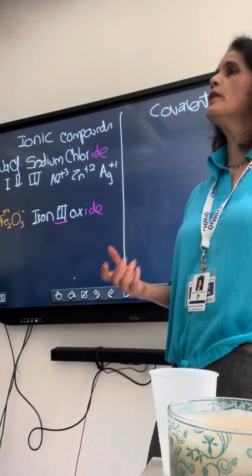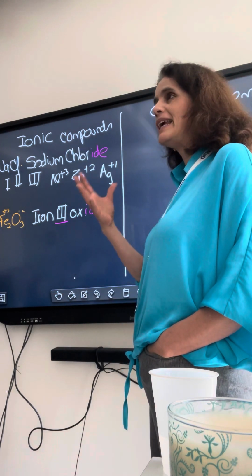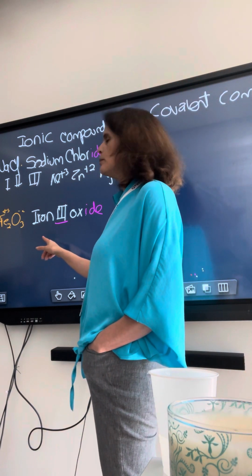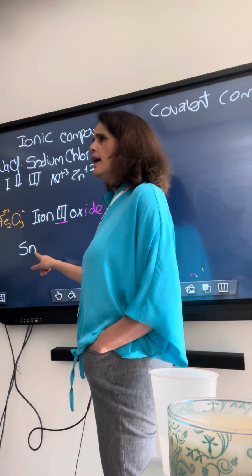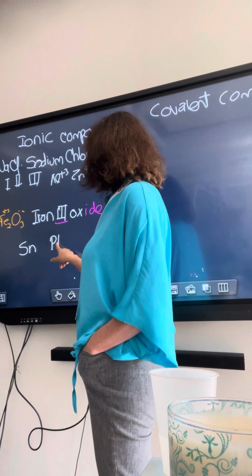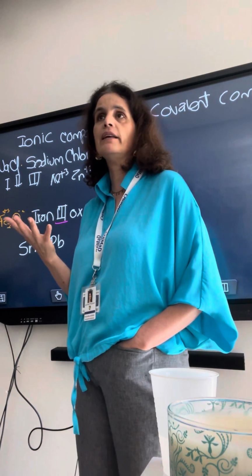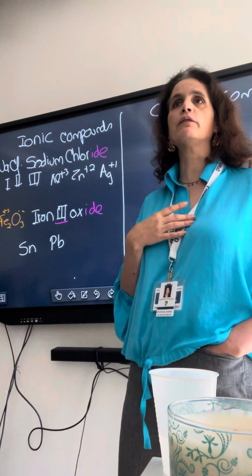Now there are two others that are not necessarily what we call transition metals, but they are in the metal section, actually under carbon: tin and lead. They normally are 2 or 4. So you're going to have to write the Roman numeral for those.